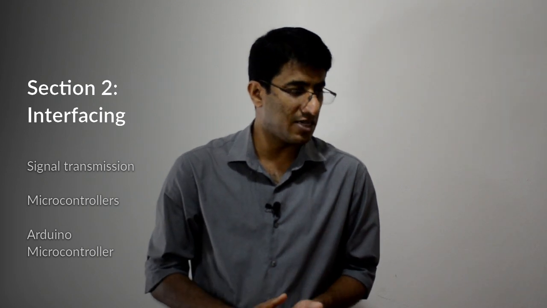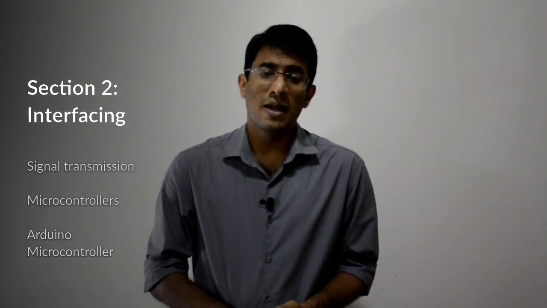Particularly, I'll be focusing on microcontrollers and the Arduino microcontroller in particular. That's section 2. Now, in the last section, this is section 3, this is computational chemistry, and we'll be looking at virtual experiments, and we'll be focusing on 2 parts. This is molecular modeling and electronic structure calculation.